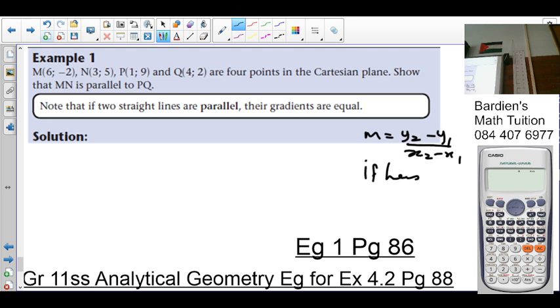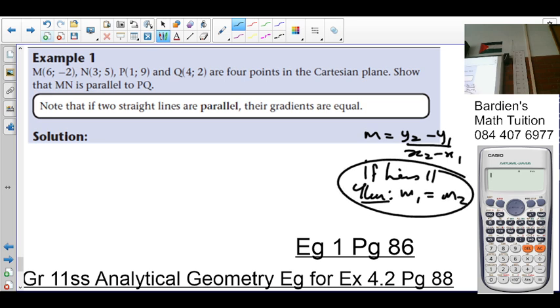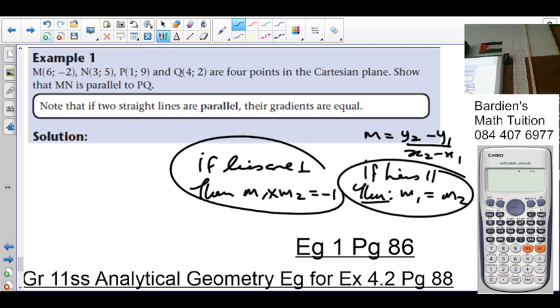If lines are parallel, then gradient 1 is equal to gradient 2. We know if lines are perpendicular, then gradient 1 times gradient 2 is equal to negative 1.